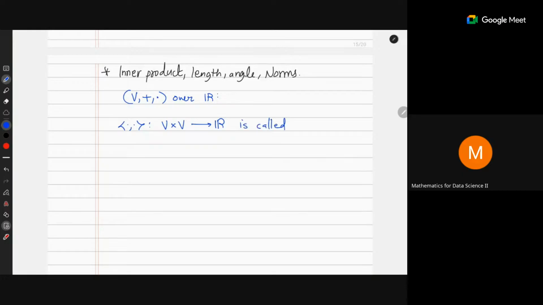First of all, it is always positive, and it is 0 if and only if the vector is 0 itself. The second is that it is linear in the first coordinate.